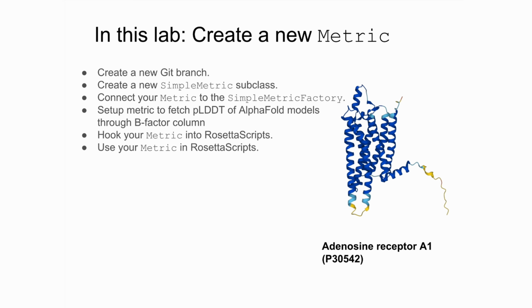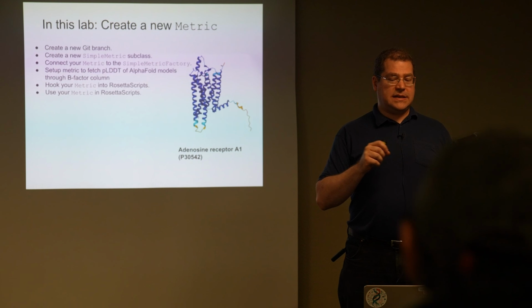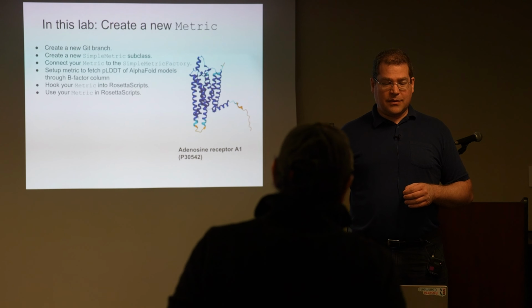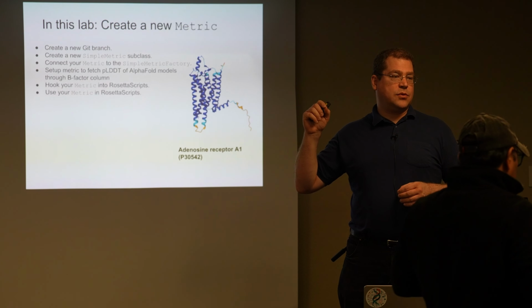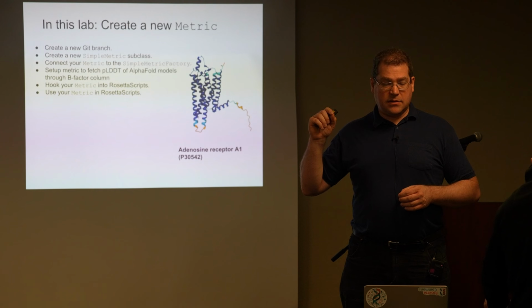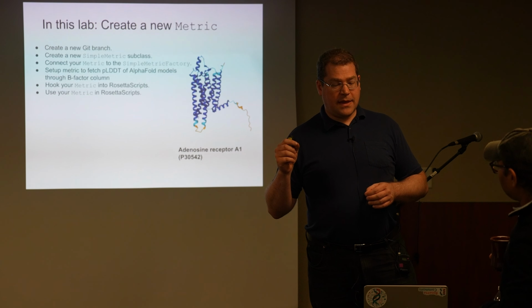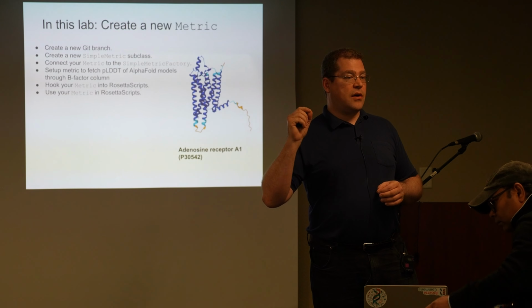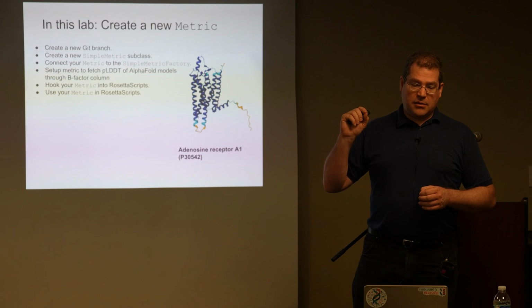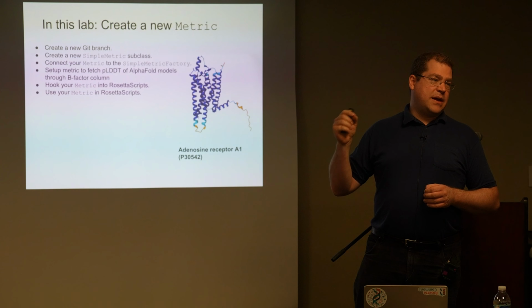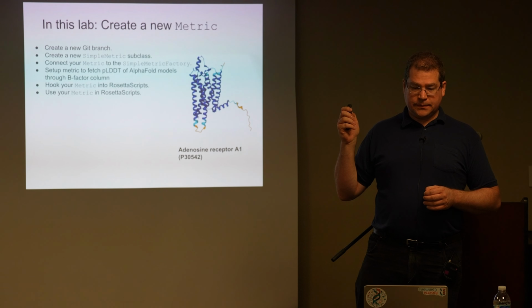In particular, the metric that you're going to be doing today is going to be taking an AlphaFold output structure and pulling out the pLDDT of AlphaFold models through the B factor column. And then once you have that all functional, you're going to be using that metric through RosettaScripts.